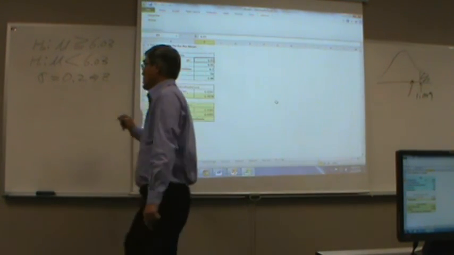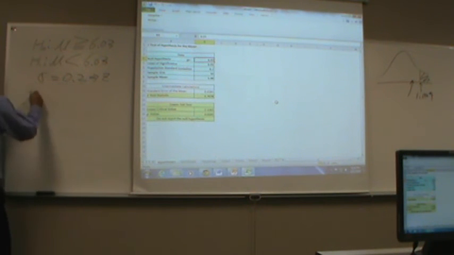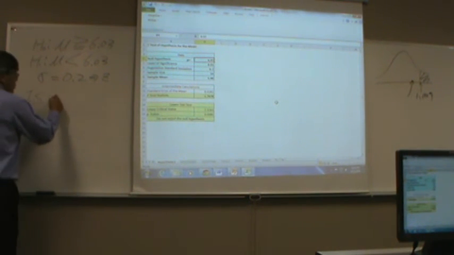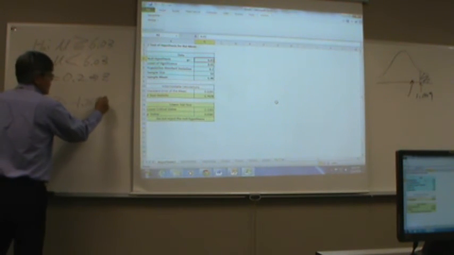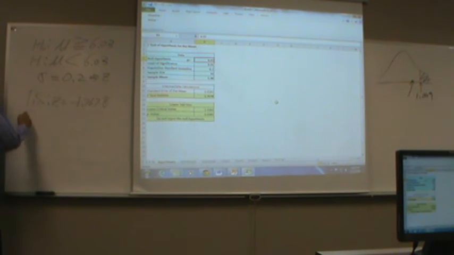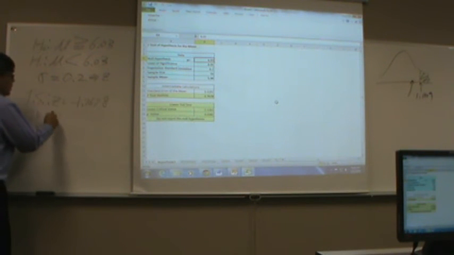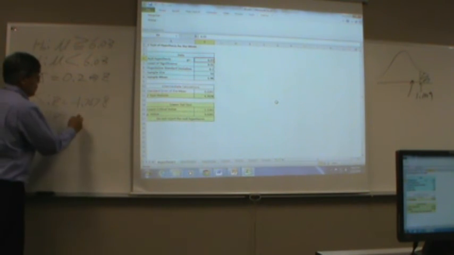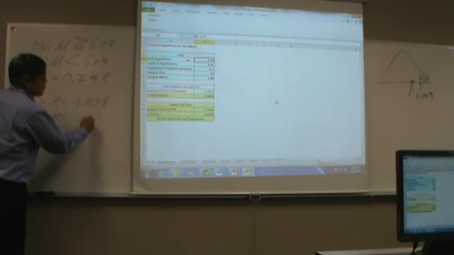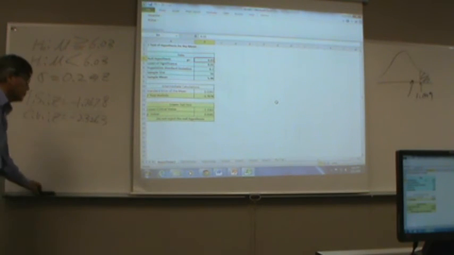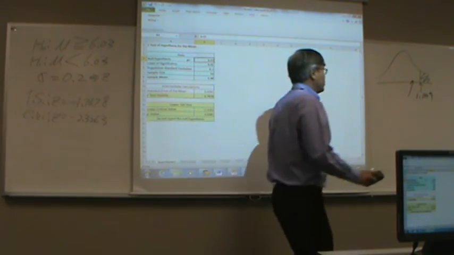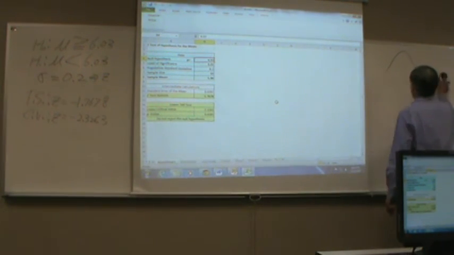Test statistic Z equals negative 1.7678. Critical value Z equals negative 2.3263. Left tail, lower tail, so the critical value should be negative.